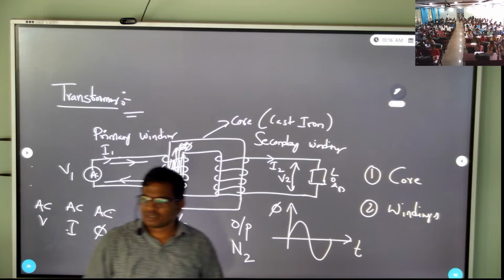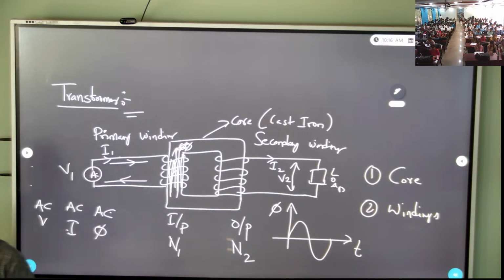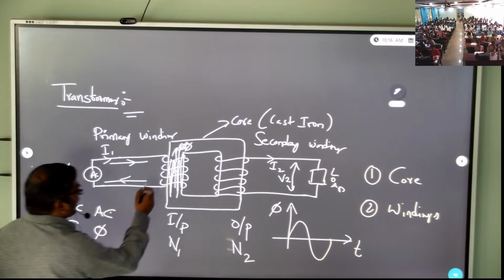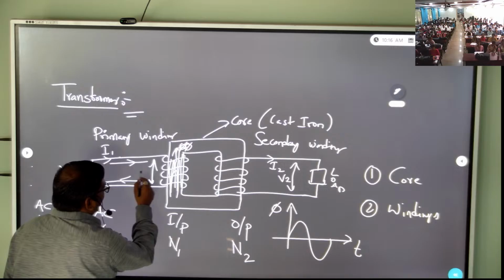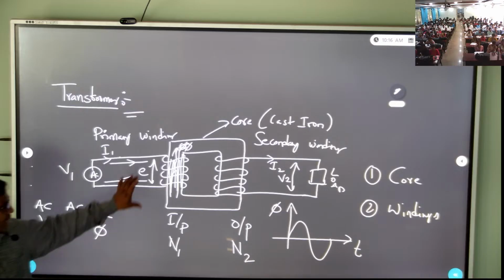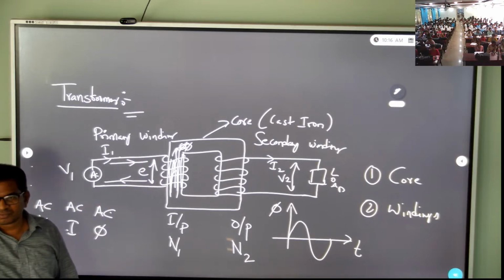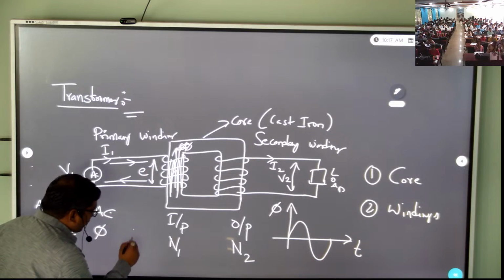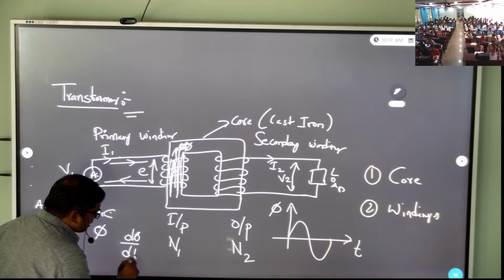Now, whenever a flux is set up in the coil, what happens? This alternating flux will induce an EMF in the winding. So an EMF is established across the winding, which is known as E. The EMF is induced because of dφ/dt. How is the φ changing with respect to time?